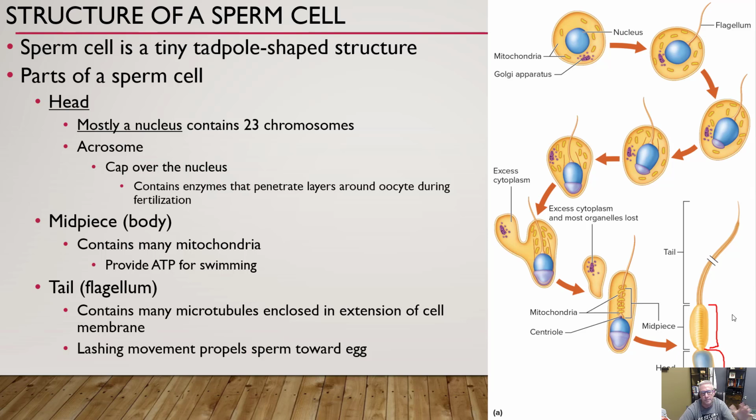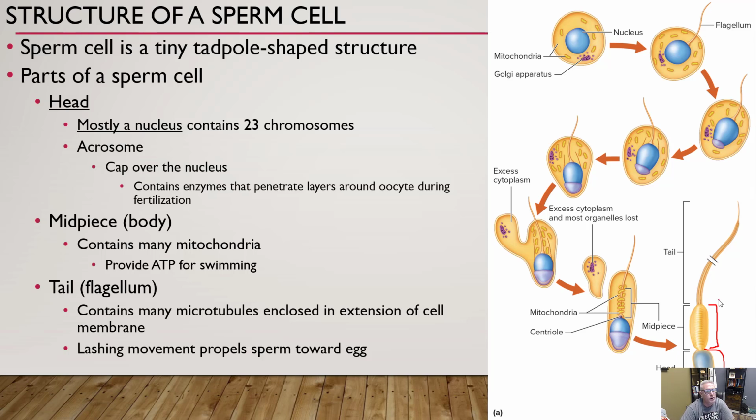Remember, mitochondria, powerhouse of a cell. It's going to produce a ton of ATP. Basically, the sperm is going to use a lot of energy to swim up the vaginal canal into the fallopian tubes. Usually, the egg is fertilized in the fallopian tubes. So the sperm has a lot of swimming to do to reach the egg.